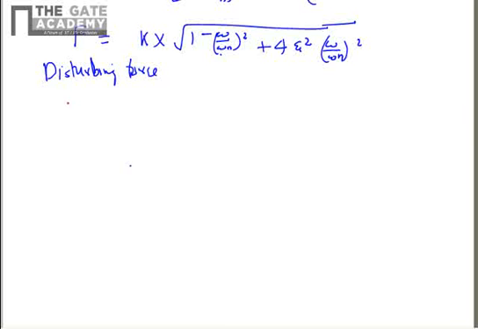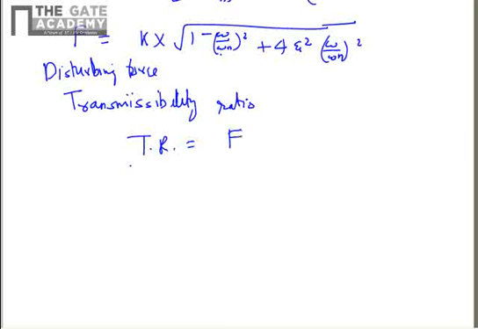So the ratio of transmitted force to the disturbing force is called transmissibility ratio. Transmissibility ratio TR is defined as F transmitted divided by F disturbing.